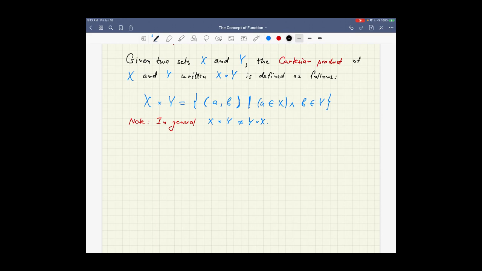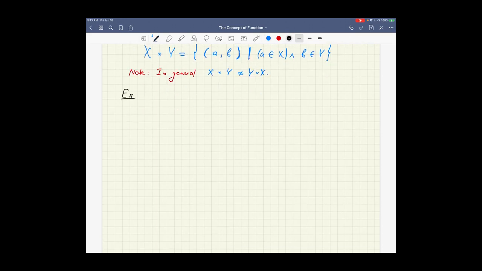Let's see some examples. We can multiply two one-element sets, say the set containing 1, Cartesian product with the set containing 2, simply is the set containing one pair, 1, 2. If you multiply the set containing elements 1, 2 by another set containing two elements, say 3, 4, the result will be a set containing 4 pairs, right?